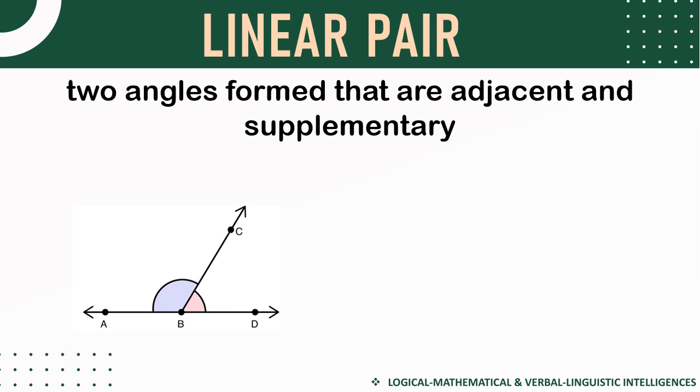Two angles formed that are adjacent and supplementary. So here, for example, angle ABC is 130 degrees and angle CBD is 50 degrees. This is supposed to be 180 degrees. So this straight line ABD would give you a 180 degree rotation.